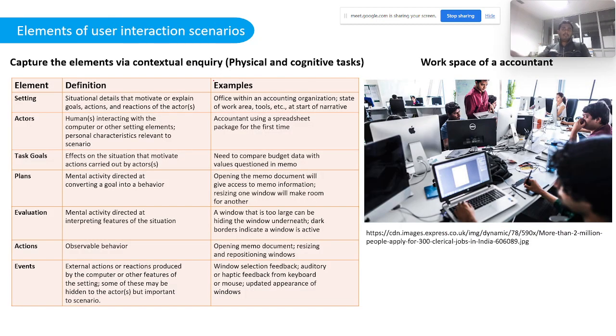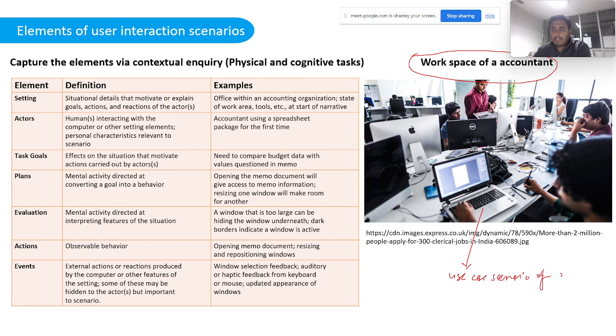Imagine an office environment, a workspace of an accountant. You want to see the use case scenario for accounting.